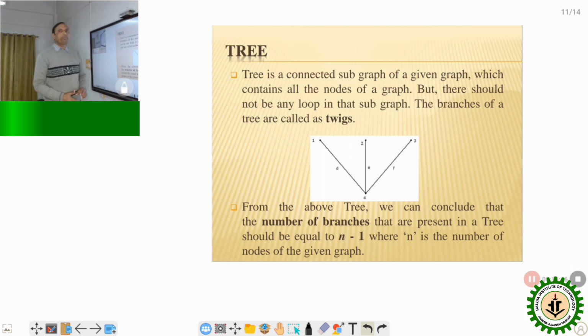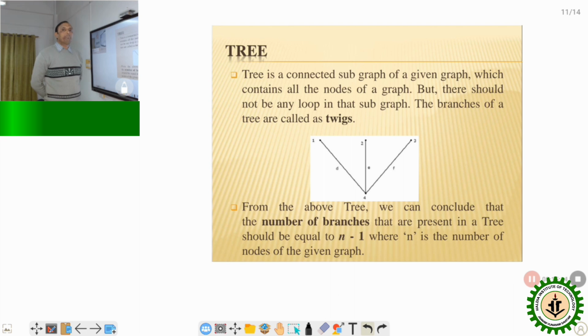Now from the above tree, what can we conclude? We can conclude that the number of branches present in a tree should be equal to n minus 1, where n is the number of nodes. What does it mean? In a tree, the number of nodes will be equal to that of the original graph, but the number of branches will be n minus 1.